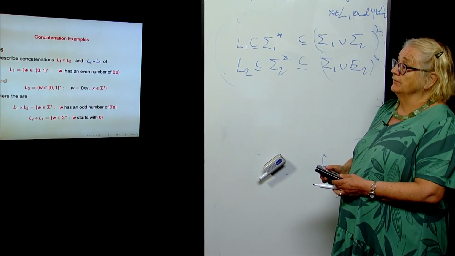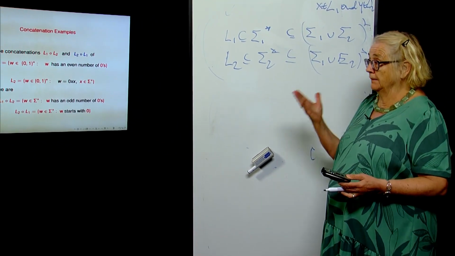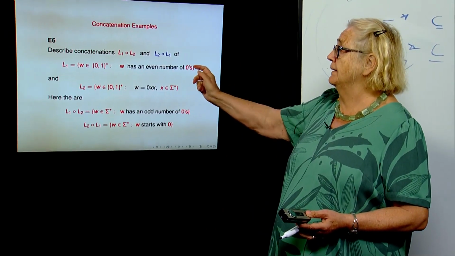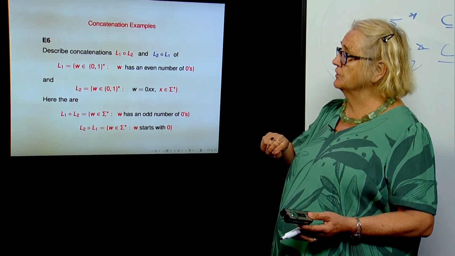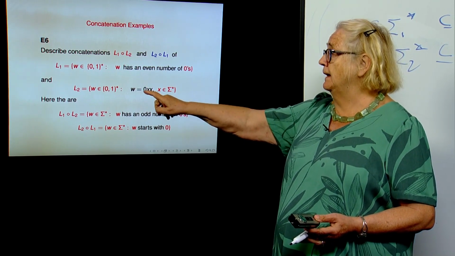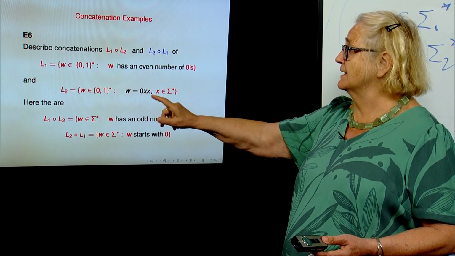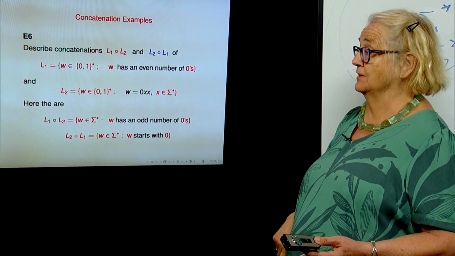And now, for example, you have two languages, and let's say L1, W has an even number of zeros, and L2, W is 0X, where X is in sigma star.